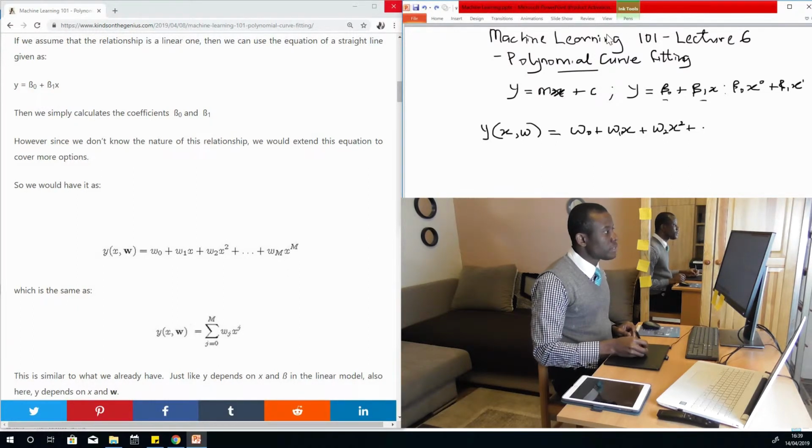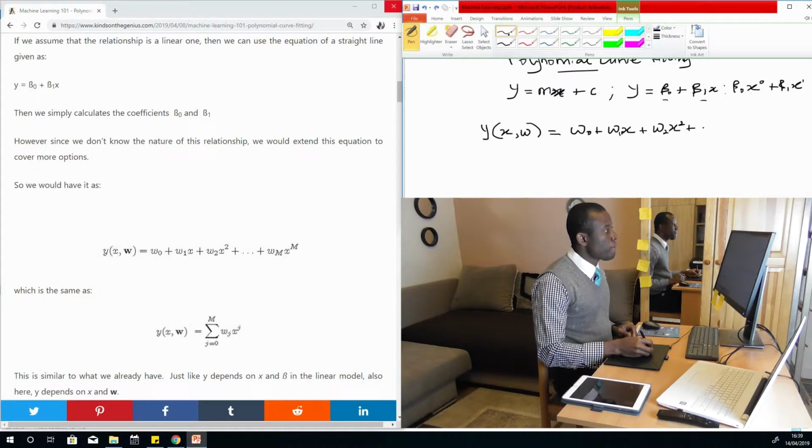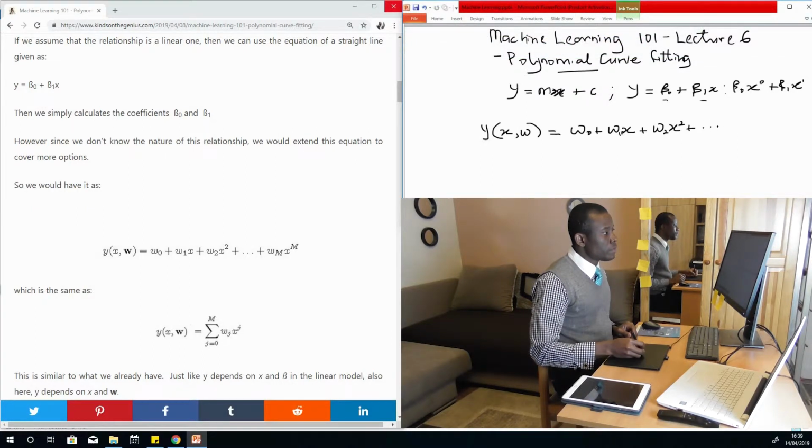So plus, all the way to plus wm, this time we have m, x to the power of m. Alright, so this is the new equation that we are going to be using.